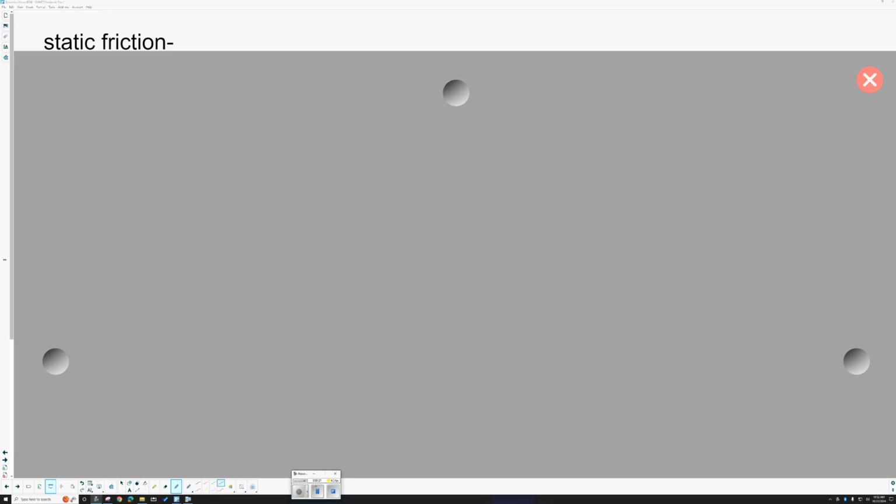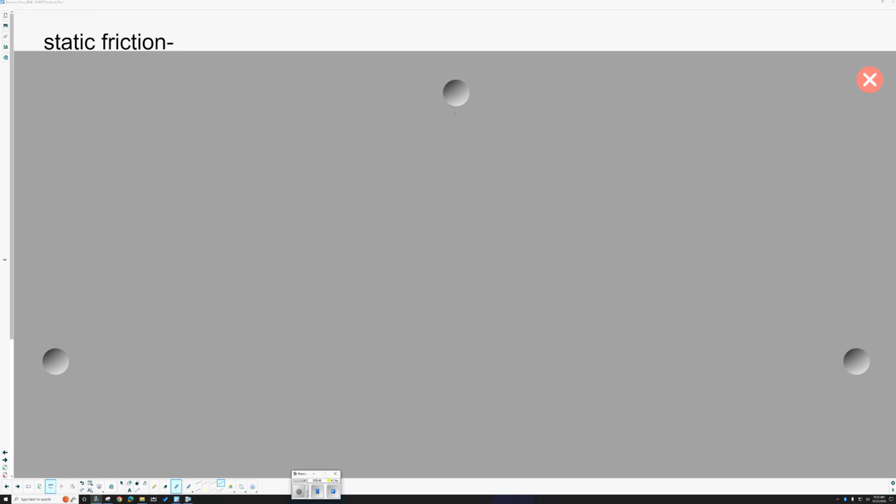Right now, this desk is at rest. If I give it a push, it moves, it slides. As it's sliding, kinetic friction tries to stop it. But right now, as I push it a little harder before it begins to move, it's static friction that opposes my force that keeps it from beginning to move.